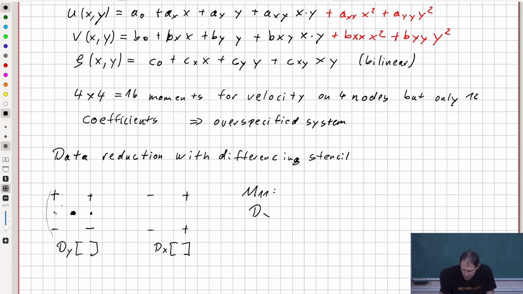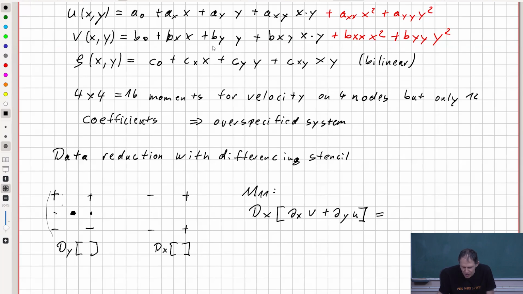And now we apply this to the M11. What is in M11 is dx v plus dy u.